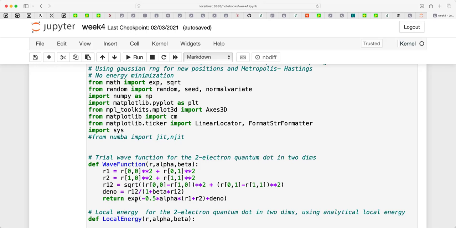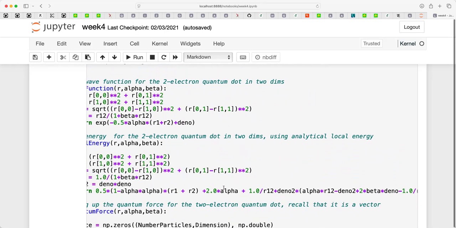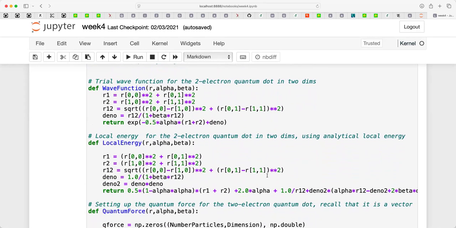This is to save CPU cycles. An exponential is time consuming. So I calculate all the arguments for the exponential, which now contains the correlated part plus the single particle piece here. Okay.